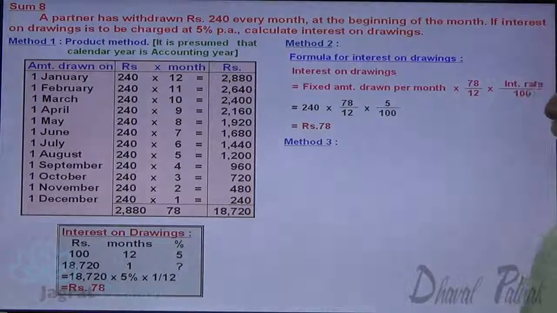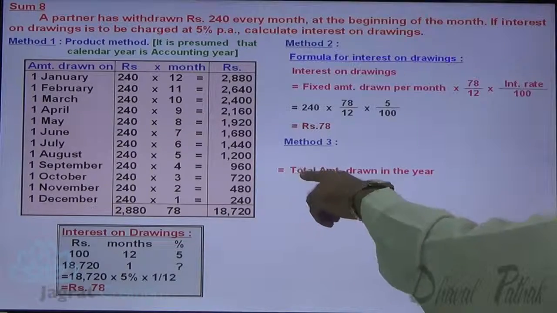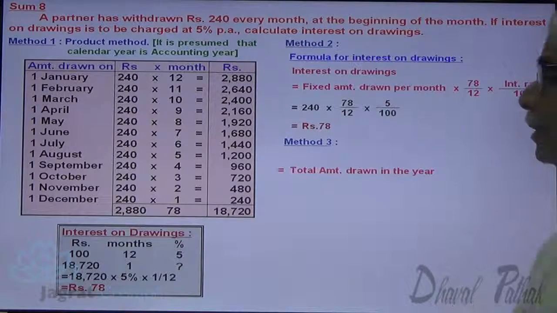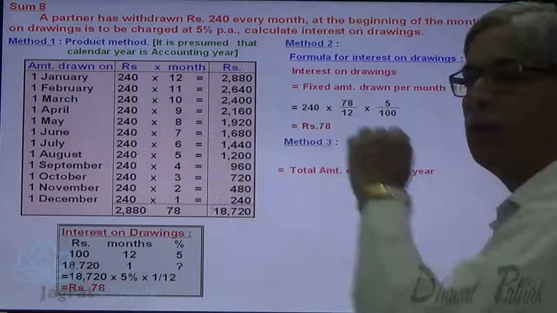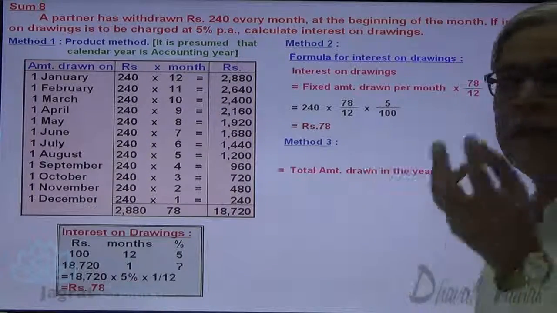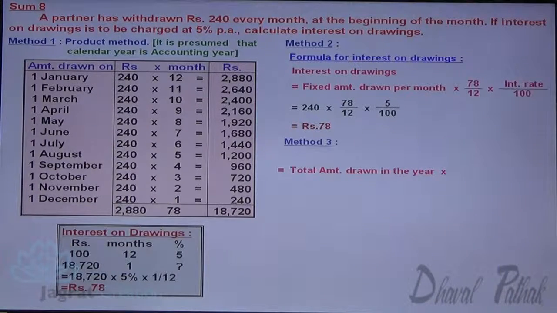Now look at the third method. Interest on drawings is equal to total amount drawn in the year. What is the total amount drawn in the year? 2880. So now the interest will be calculated on the amount of 2880 into, look at it, the maximum period 12 months plus minimum period 1 month divided by 2 upon 12 into interest rate.